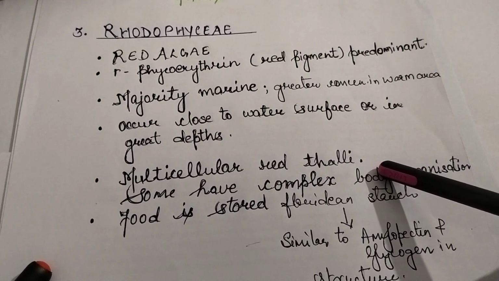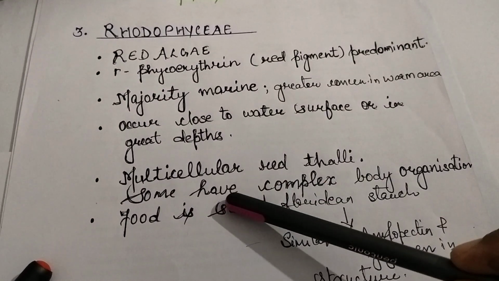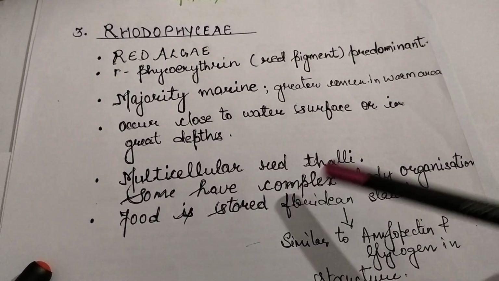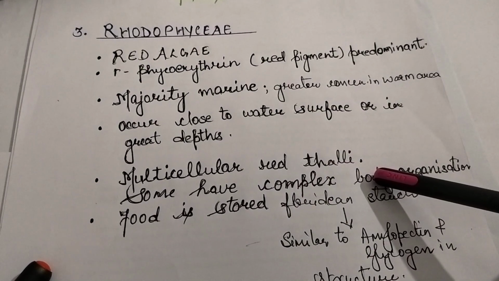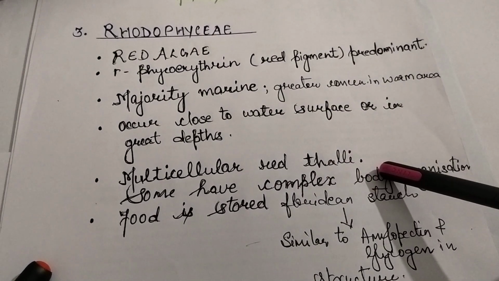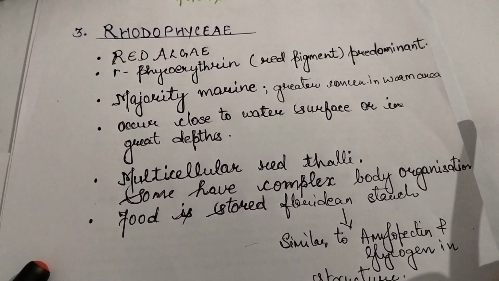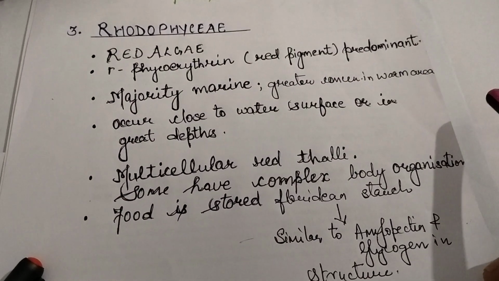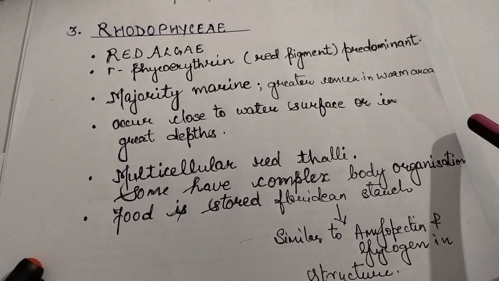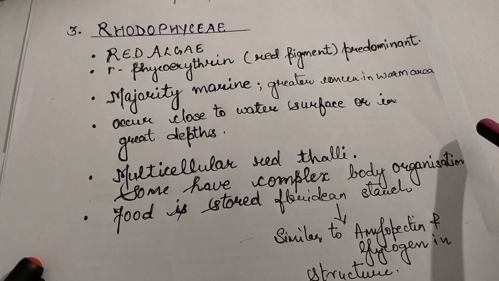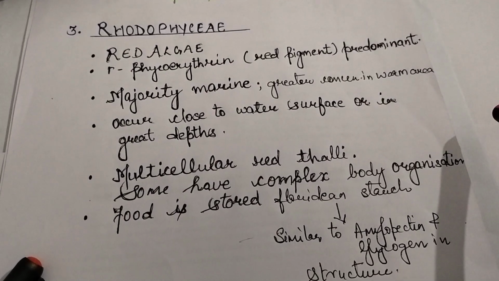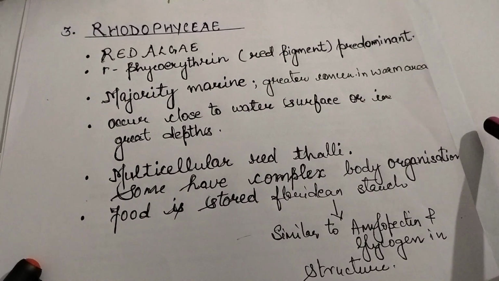Thalli is plural of thallus. The red thalli of most of the red algae are multicellular, and some of them may have complex body organization.